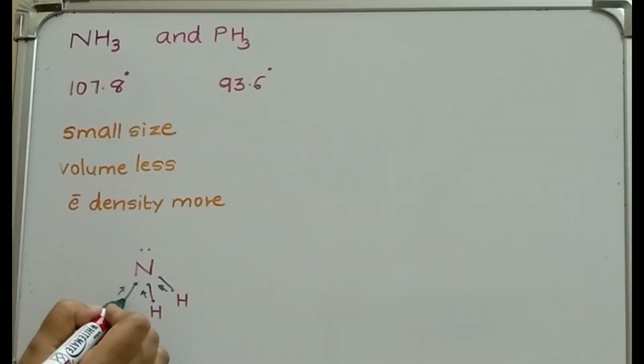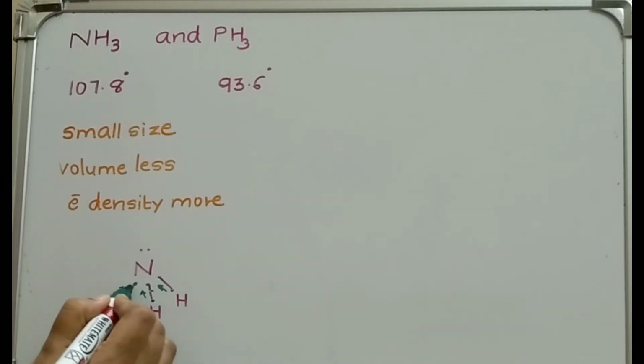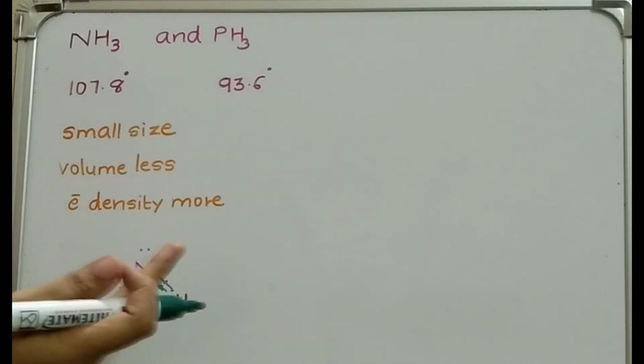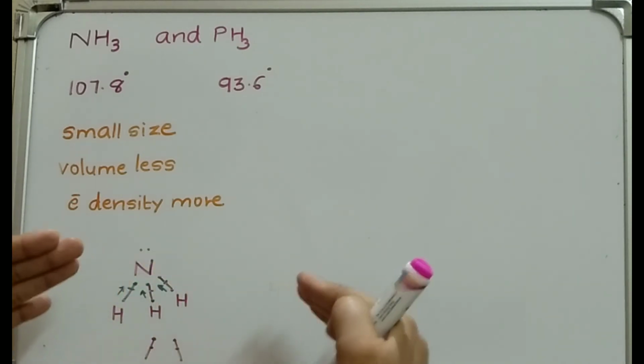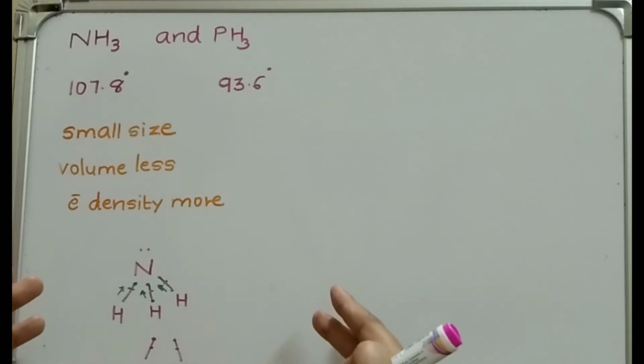So when the electrons come very near or closer, what will happen? Repulsion will happen. Correct? Electron-electron repulsion will happen. So what is happening here? These two bonds, the electrons are coming closer. So both the bonds will move far. They are going in this direction, they are going in this direction.